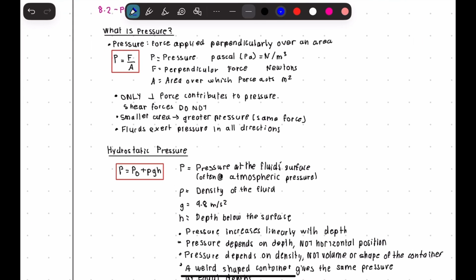It means that more area leads to less pressure. And you use this on any force on surface problem.